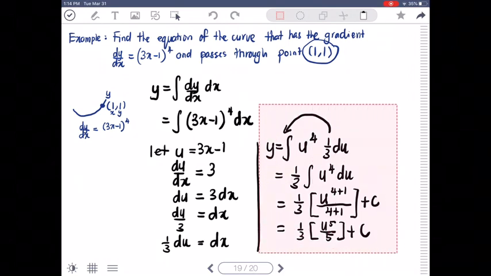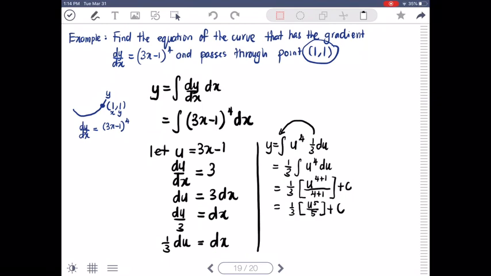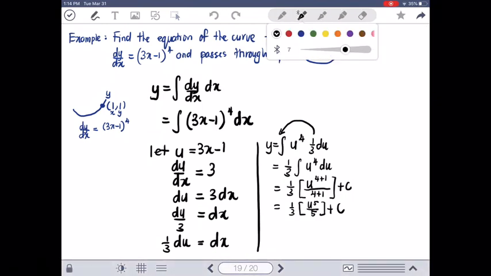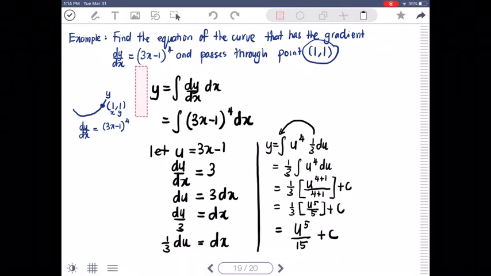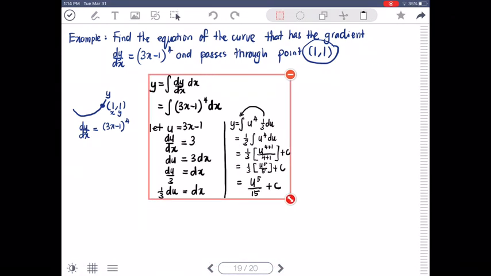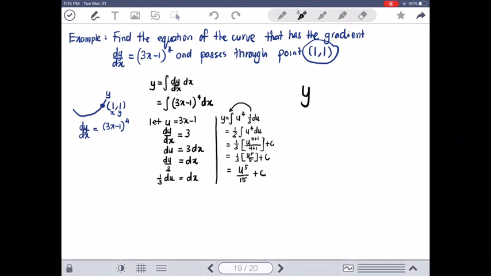So let me shrink this a bit just to get some space down there. Okay. Equals u to the power of 5 over 15 plus c. So now we have y equals u to the power of 5. Oh, I forgot.